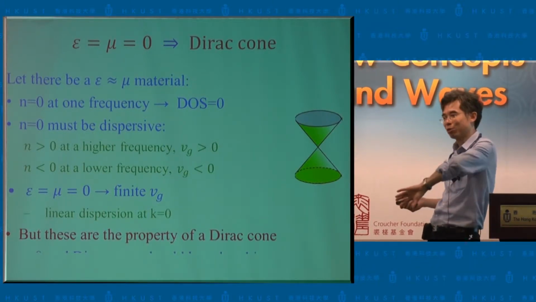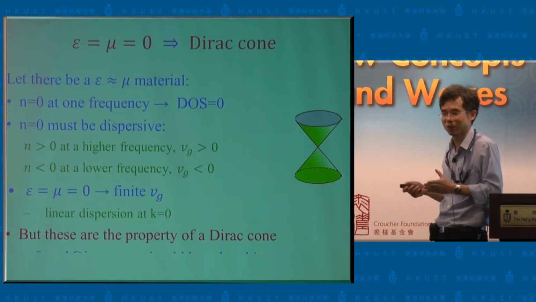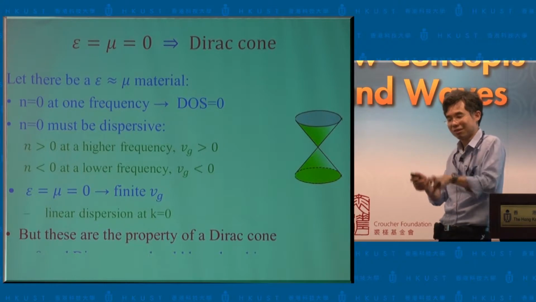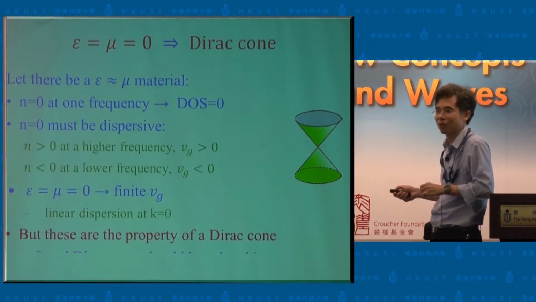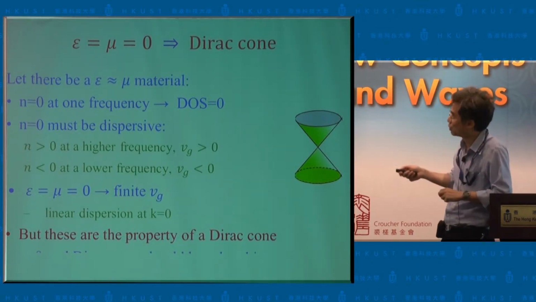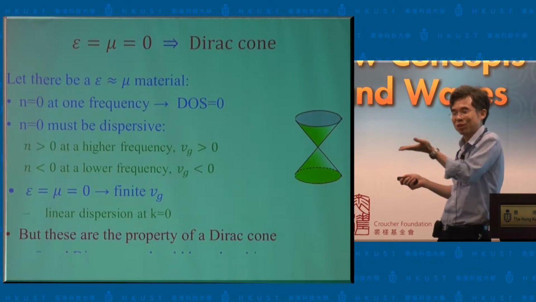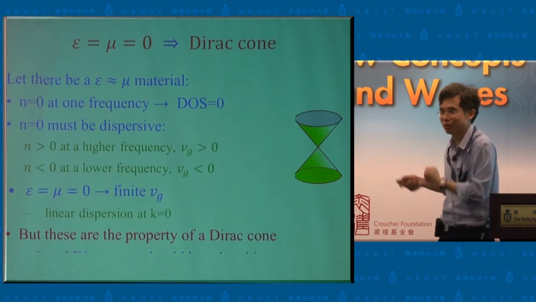But however, if I want to turn this around, suppose that I have some material which is discrete, composed of discrete resonators. And I would say that if I have a Dirac cone, is it equivalent to epsilon and mu equal to 0? Now this is not obvious, because this implication doesn't mean that the reverse is true, okay?